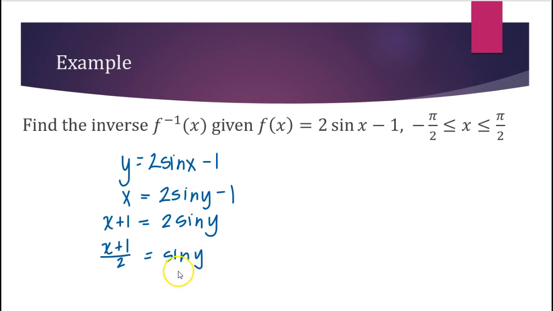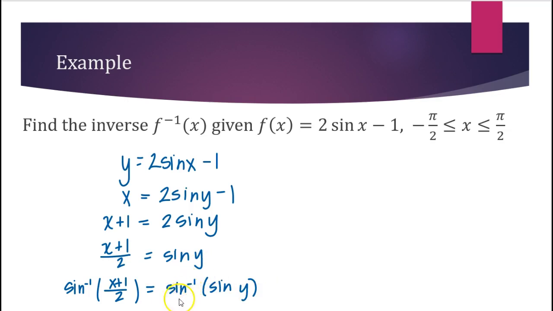And then we're going to think about that property we just learned and think about the definition of inverses. And in order to isolate y here, we're going to take sine inverse of both sides. So we're going to have sine inverse of x plus 1 over 2, and then sine inverse of sine of y.